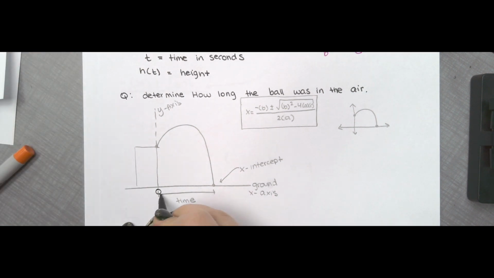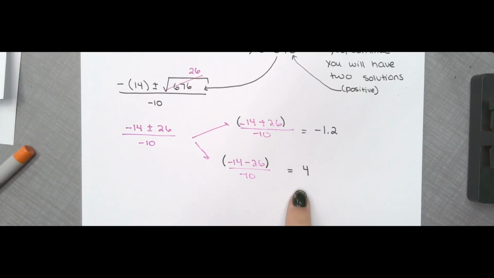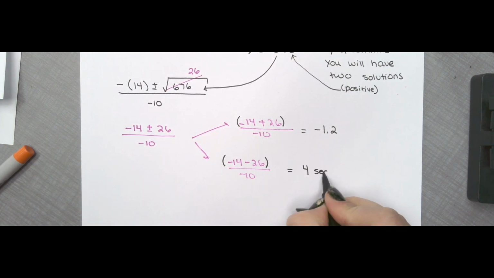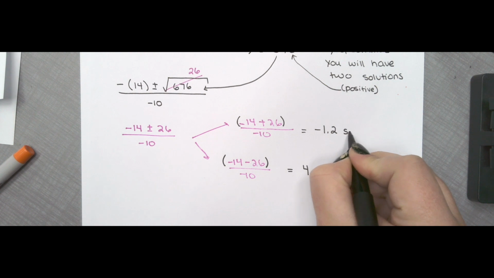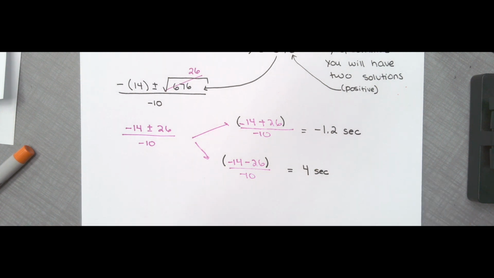They're asking how long was the ball in the air? And now we have 2 possible answers. Was the ball in the air for 4 seconds? Or was the ball in the air for -1.2 seconds? Which one seems more realistic? Having a ball being thrown in the air for 4 seconds or going back in time a second and a little bit?